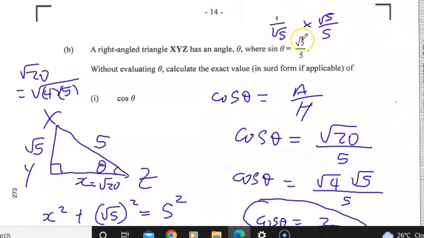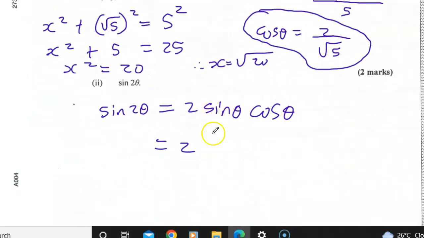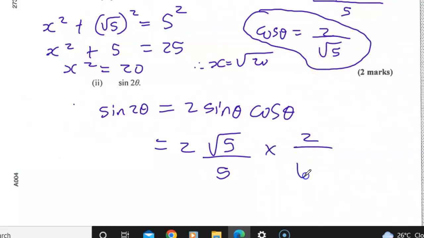Sine theta was root 5 over 5, and cos theta was 2 over root 5. So root 5 into itself, that's 1. So we end up with 2 times 2, which is 4, over 5 times 1, so the answer there is 4/5.